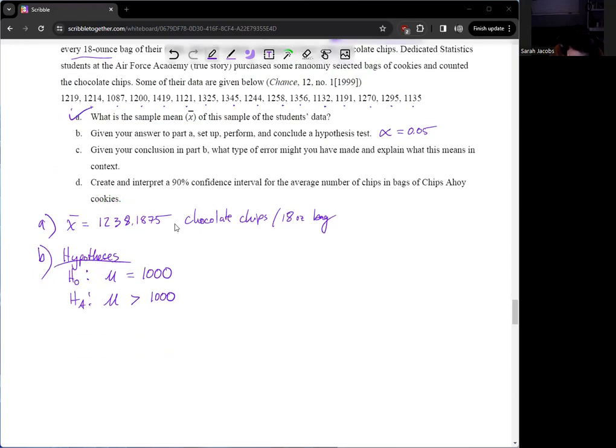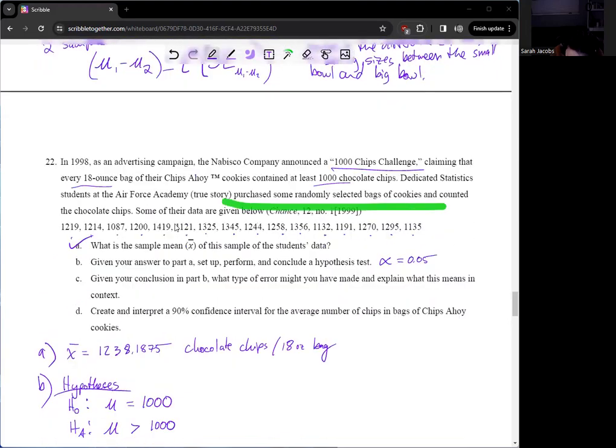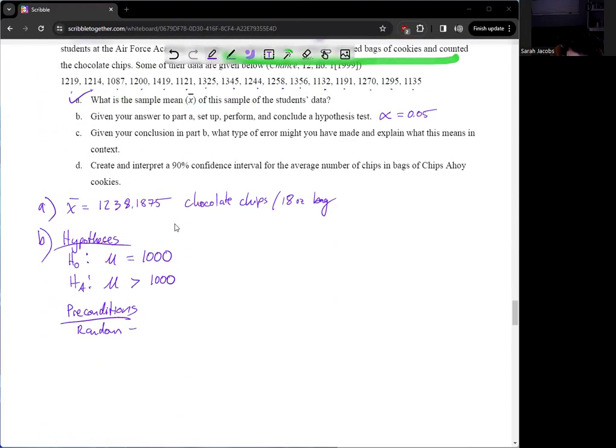Next, we've got our preconditions. Okay, random. It says randomly selected bags of cookies. So the problem states randomly selected bags of cookies.